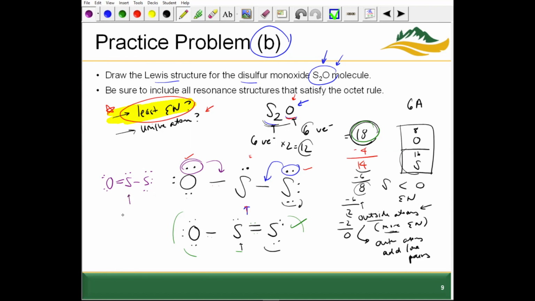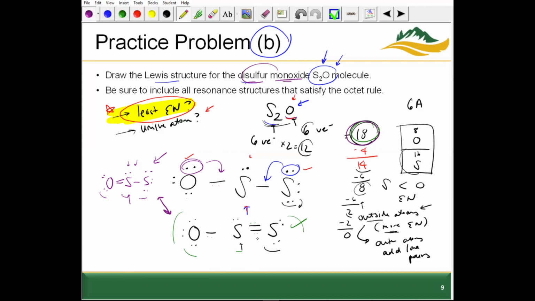This sulfur has a happy octet in the middle because it has 3 bonds around it, so 6 electrons from the 3 bonds, then this lone pair here. So all of these atoms in this structure also have happy octets, and again, we've used up all the valence electrons. These structures are viable. They are in resonance with one another to describe the 2 possible Lewis dot structures for disulfur monoxide.